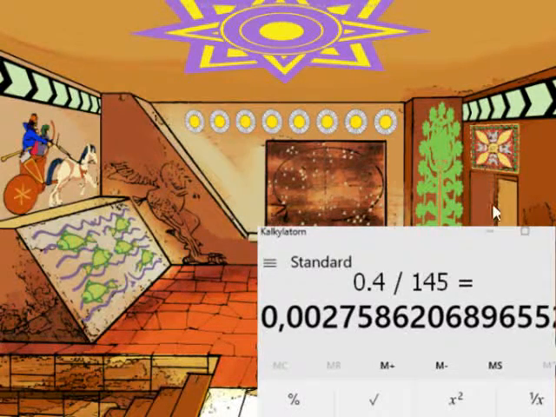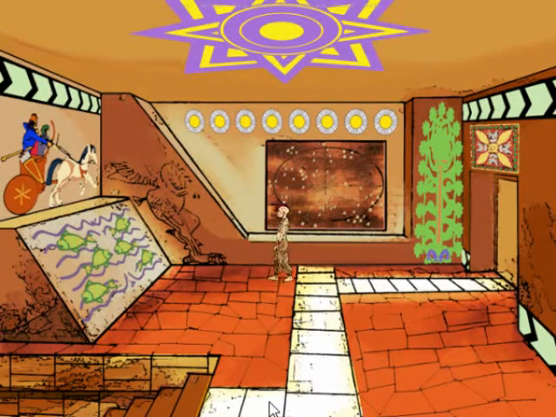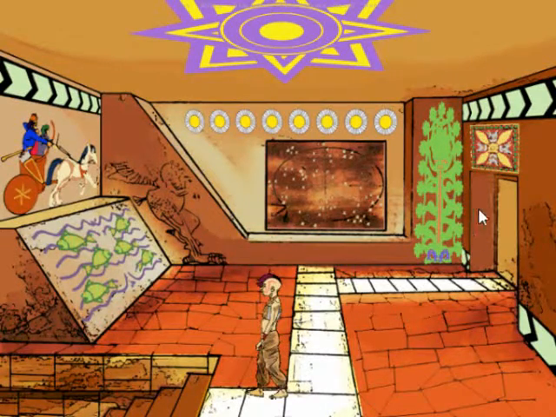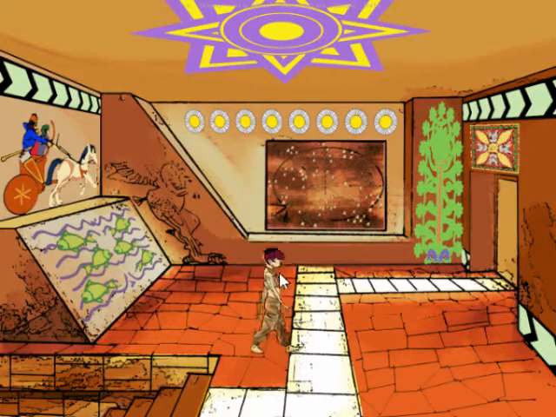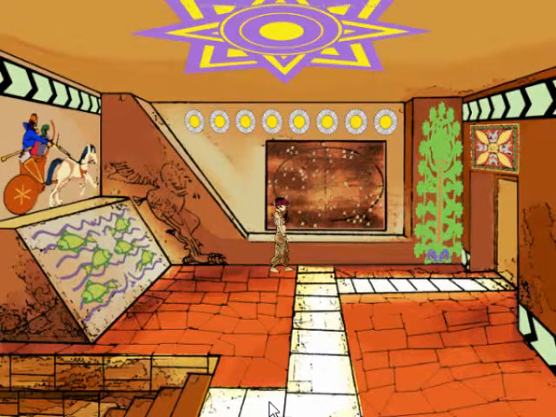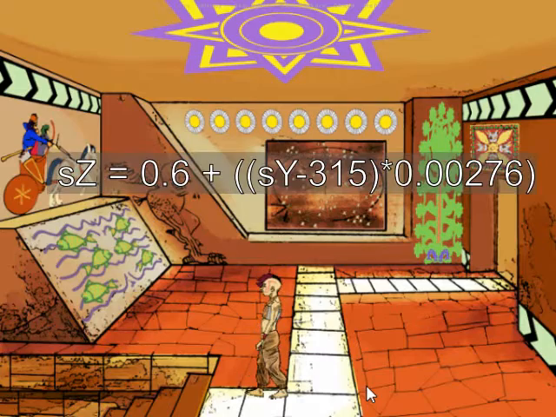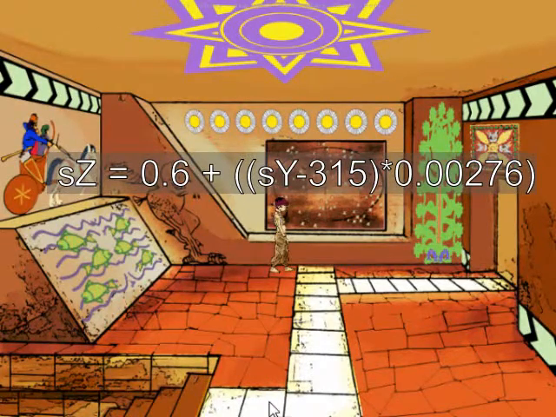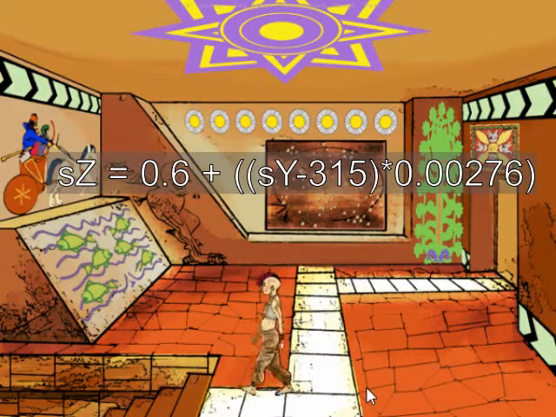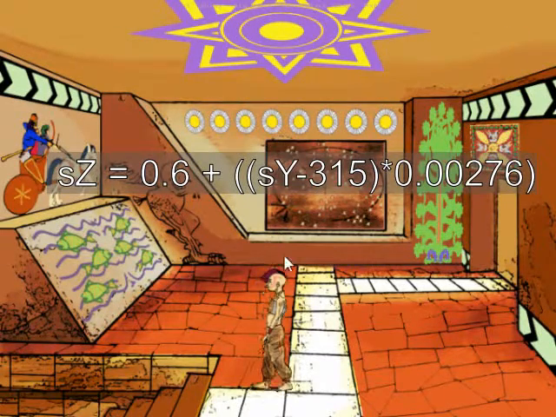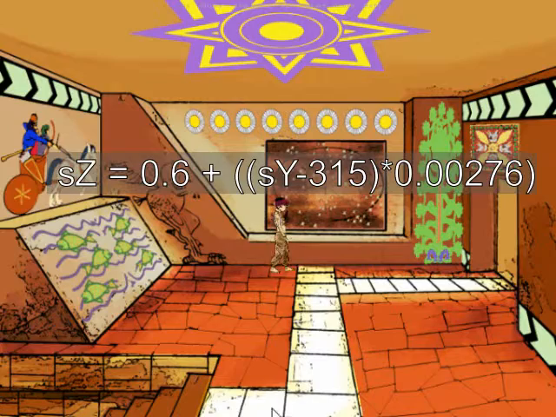So we can now decide the degree of scaling based on the character's Y position. We will have a variable sz to hold that value, and we would use the variable sy for the character's position in the Y direction, that is the position at the feet of the character.